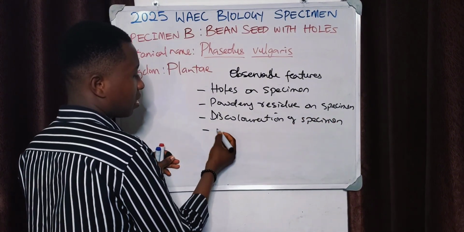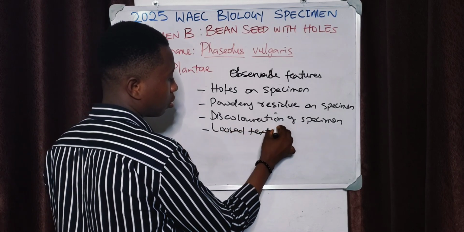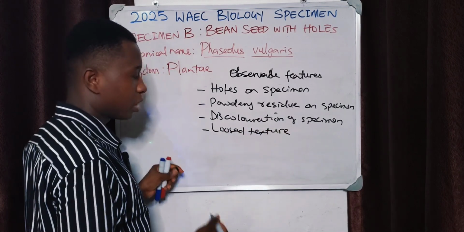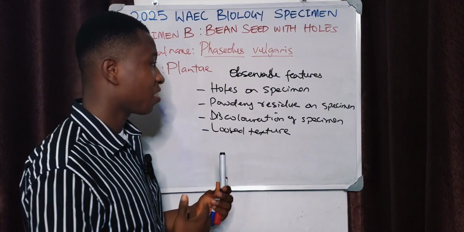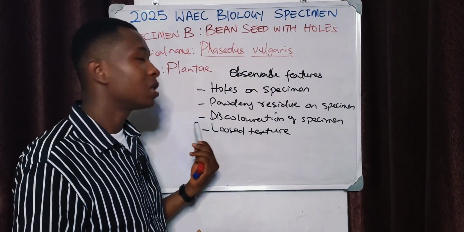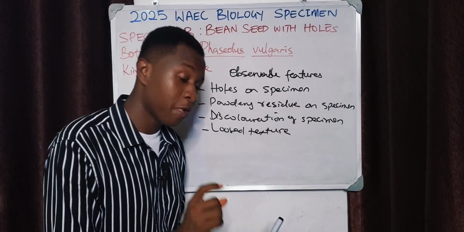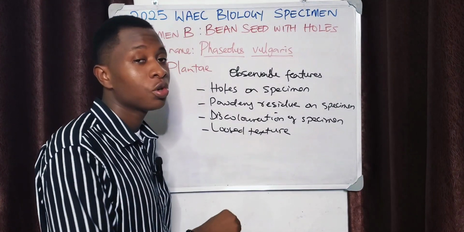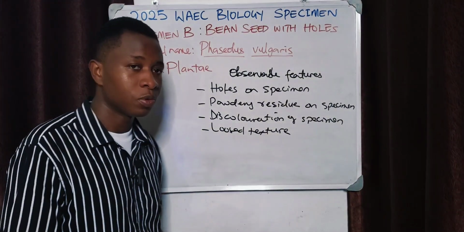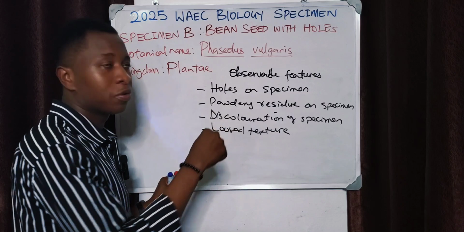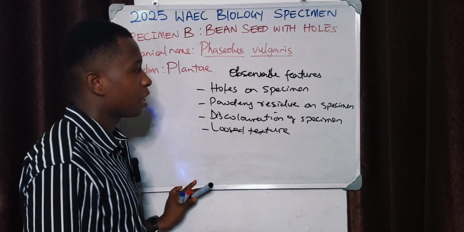Then probably they have a loose texture. So these are the major observable features you can find on this specimen when it's provided for you. If you observe that there are weevils inside the holes of your specimen, you can as well put that down, because it's possible to find weevils inside the holes of specimen B.